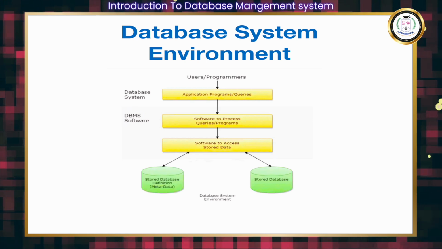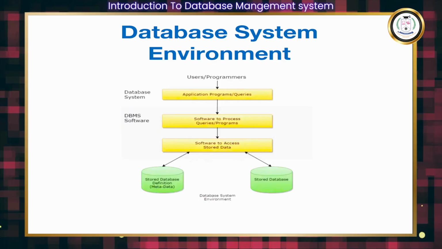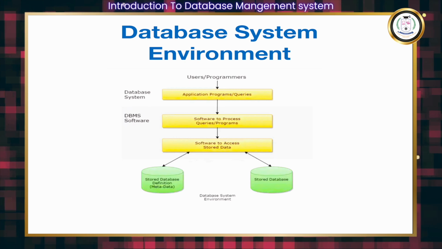As we have already seen, metadata is the database definition. So, this is a simple illustration of a database system environment where users write their queries and it is processed by the DBMS software, which accesses the stored database as well as the metadata.